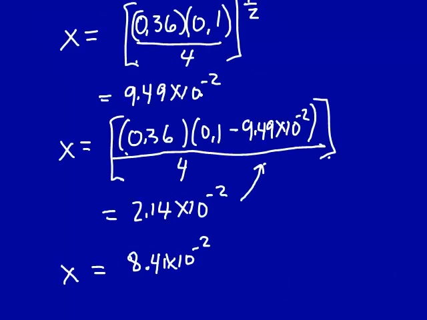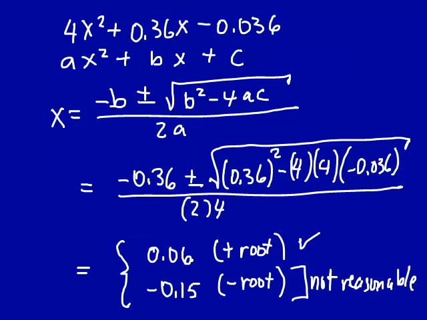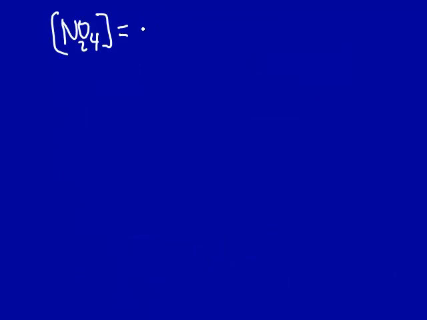So our two reactants, so N2O4 concentration. Remember from the ICE table? Well, maybe you don't, so let's go back here to the ICE table. Equilibrium concentration N2O4, 0.1 minus X, and we found out that X is 0.06. So this is 0.10 minus 0.06.